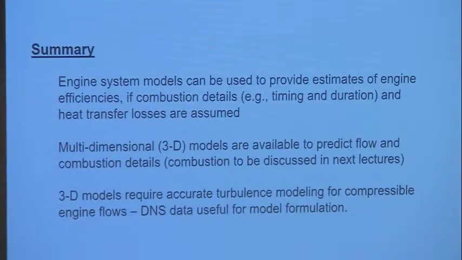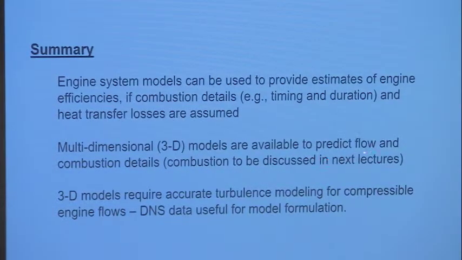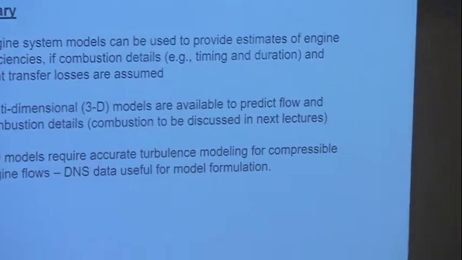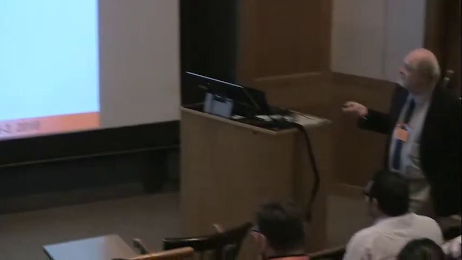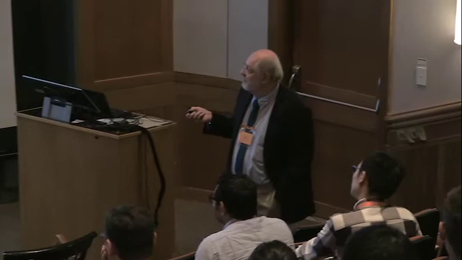Multidimensional models are available, and they have actually been shown to do fairly well at predicting the flow. Combustion we'll talk about in the next lectures. But basically, if you're not able to calculate the flow, you're not going to do the combustion. So it's good news that you're able to look at flow structures.